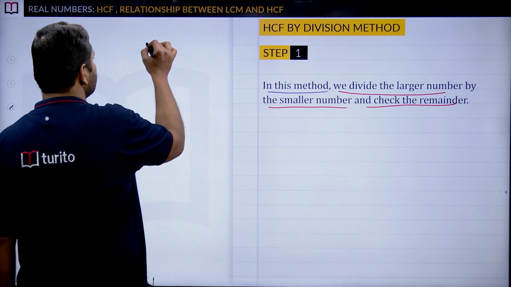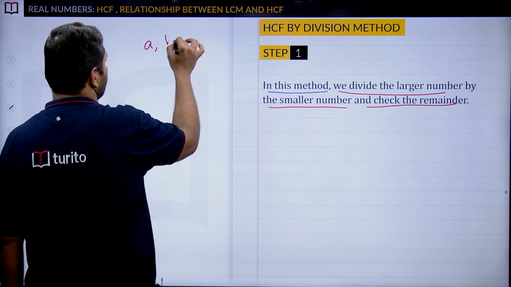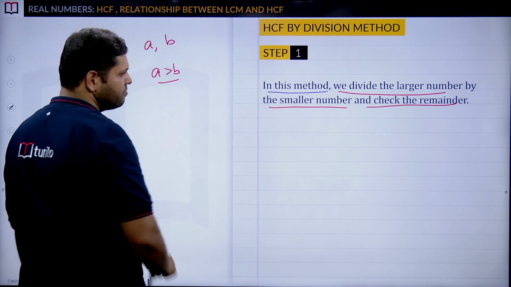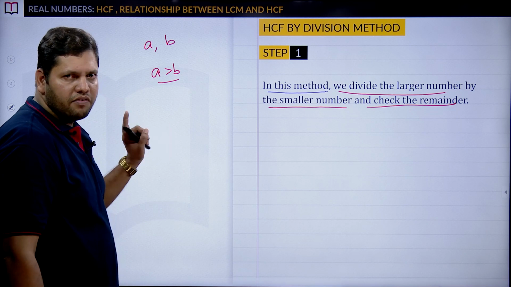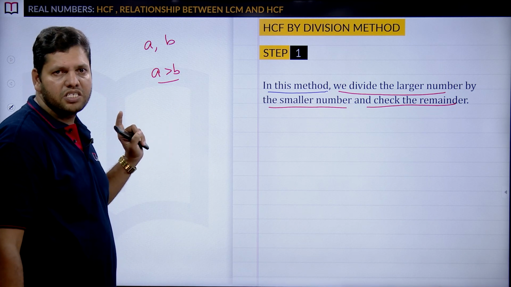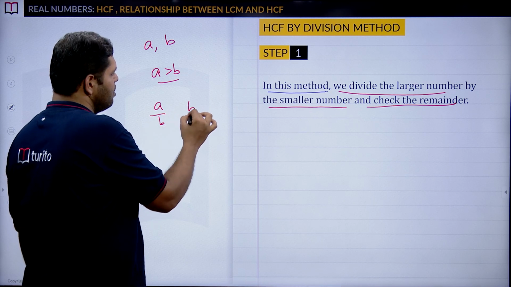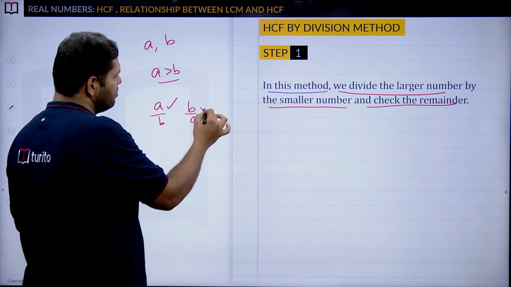Suppose I have 2 numbers, children. A is 1 number and B is the other number. If A is greater than B, will you divide A by B or will you divide B by A? Which is correct? We can say A by B is possible. B by A is not possible, isn't it?